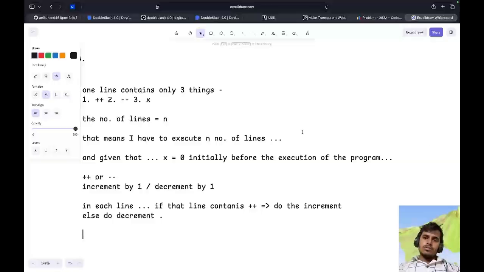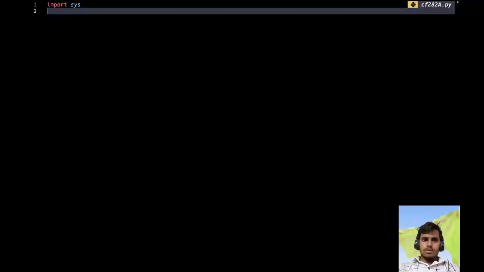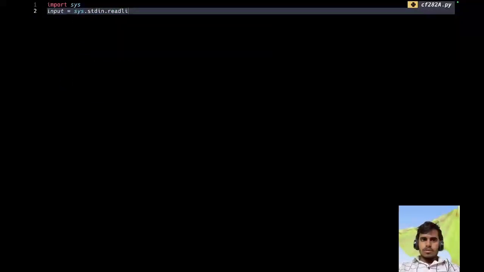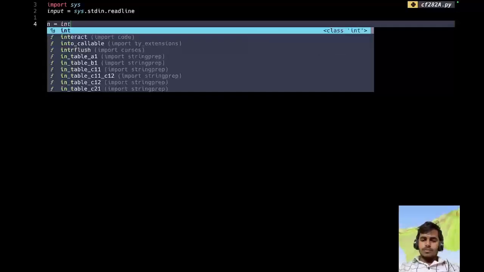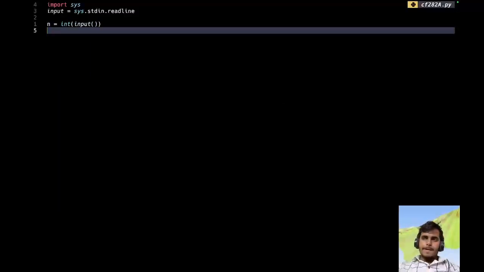Okay, so let's do the code. Import sys, input is read line. We have to take n, the number of lines, as an integer input, and take a variable x equal to 0.